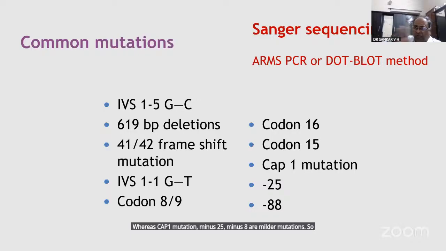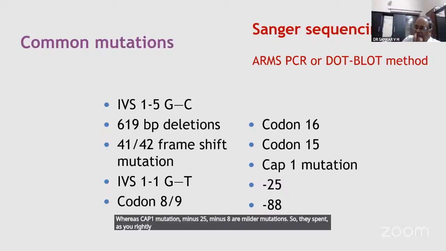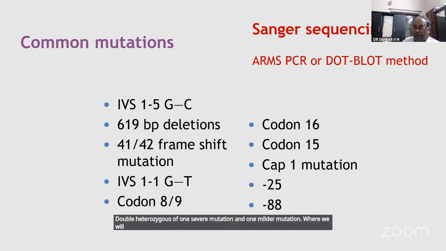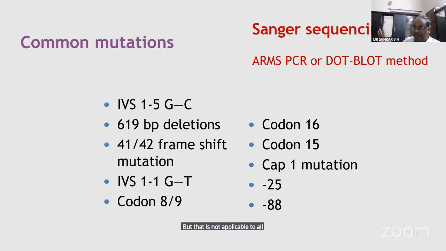So, as you rightly pointed out, with a double heterozygous of one severe mutation and one milder mutation, the baby will have a milder phenotype. But that is not applicable to all diseases everywhere. In thalassemia, that difference is there.